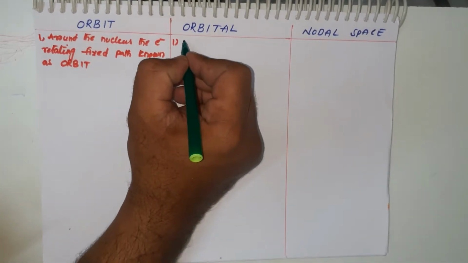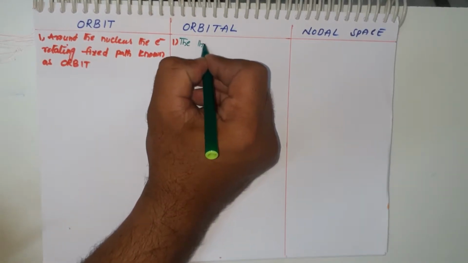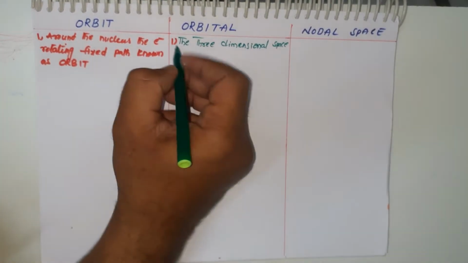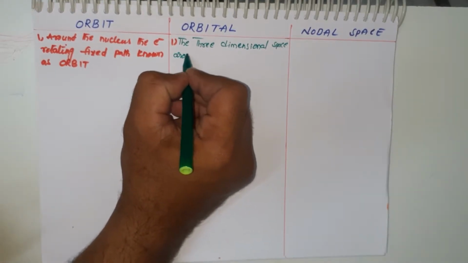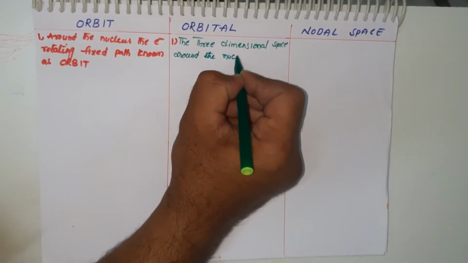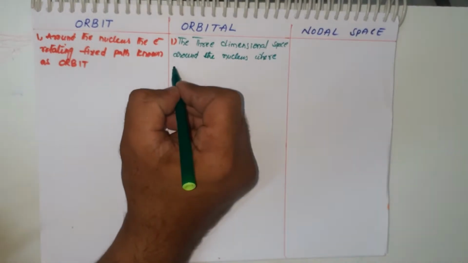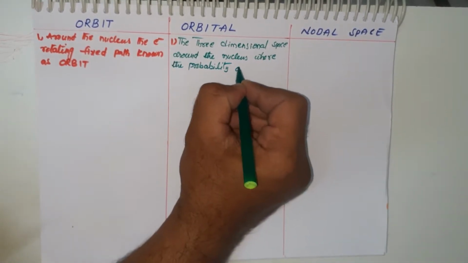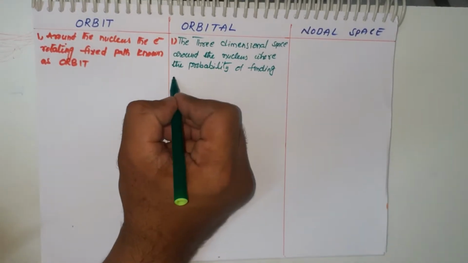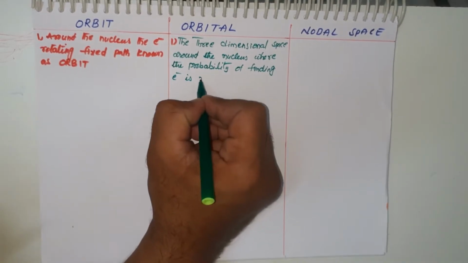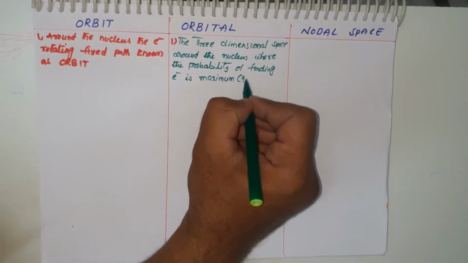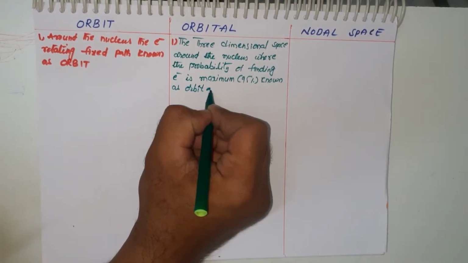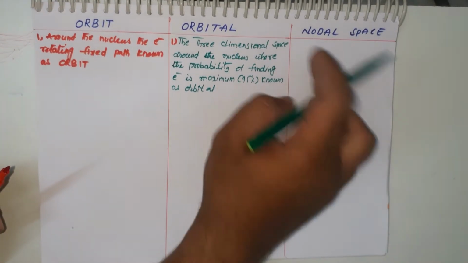The three-dimensional space around the nucleus where the probability of finding electrons is maximum, that is nearly 95%, is known as orbital. Okay students, next, what is nodal space?